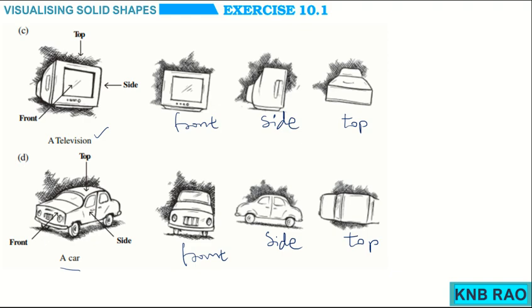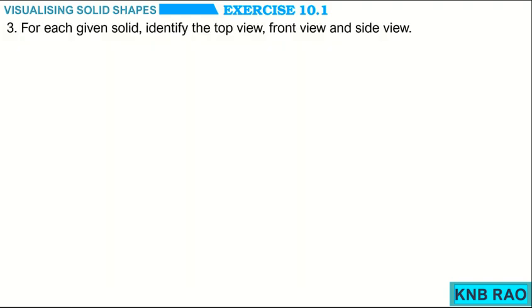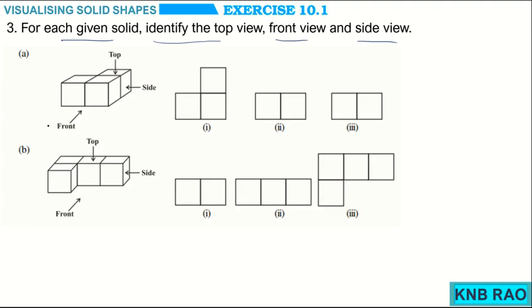Now further we have a third question in exercise 10.1 where each solid is made up of combining cubes. Identify top view, front view and side view of them. So first one, here you need to identify this is the solid.